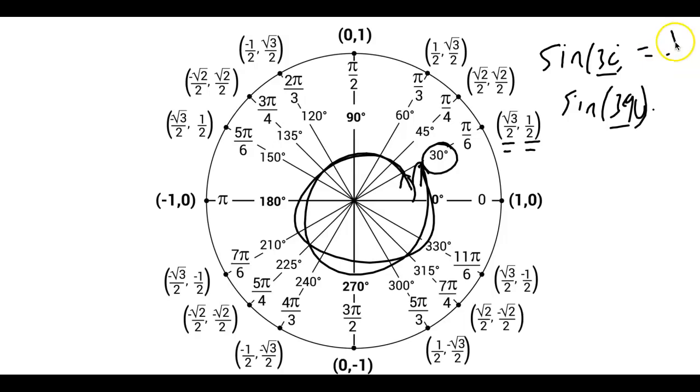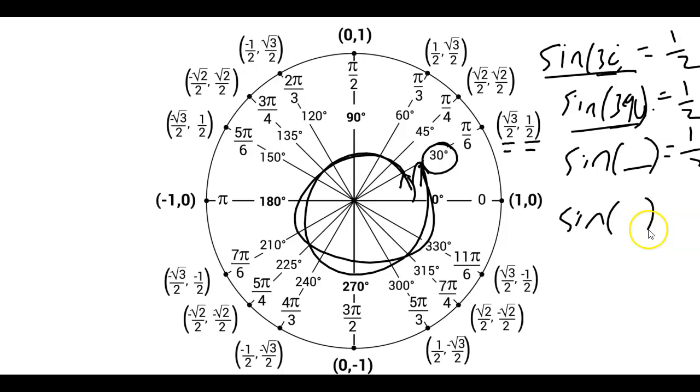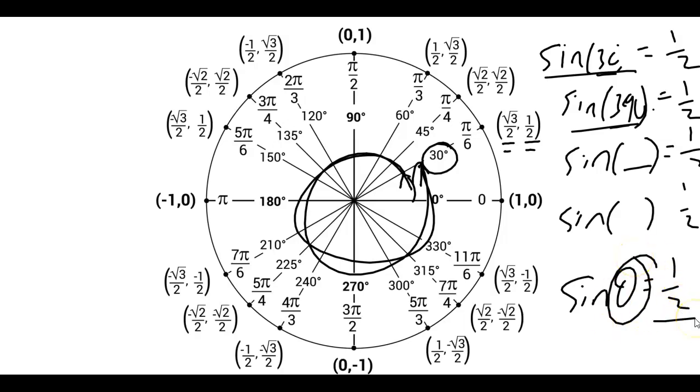The y value is a half, my bad. So sine of 30 is a half, and so is sine of 390. And that could keep going, because I could keep adding 360 to this. If I add 360 again, I'll get the same answer. And if I add 360 again, I'll get the same answer. And so technically, whenever you see sine of theta equals a half, there's an infinite number of angles that can go here that would give us a half.